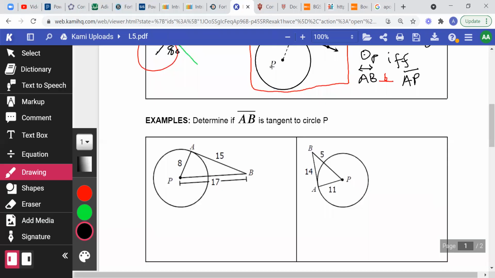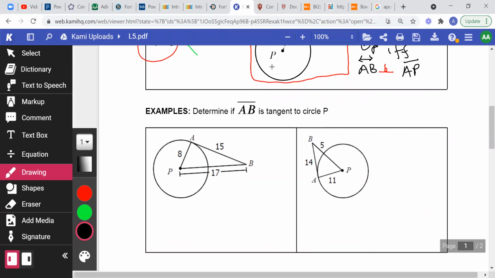So here, we're going to solve these problems and then we're done. Avalon, in the first problem, can you name the tangent line? AB, beautiful. And then what is the radius here, Avalon?